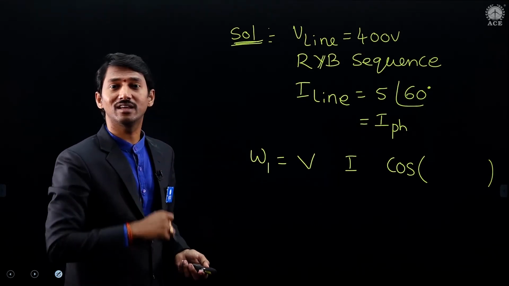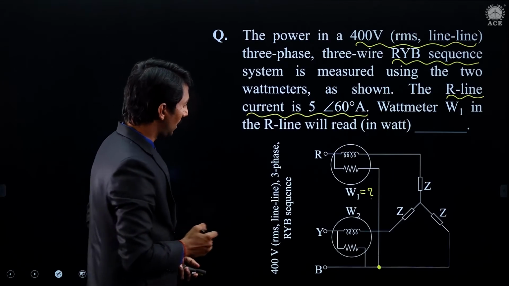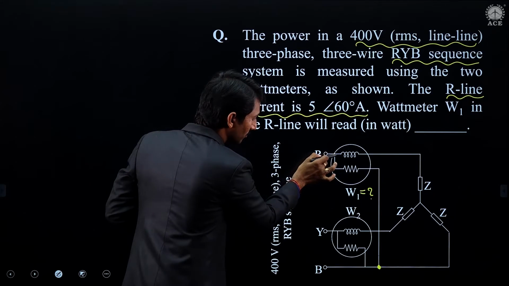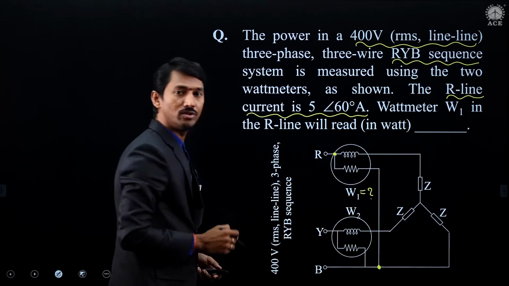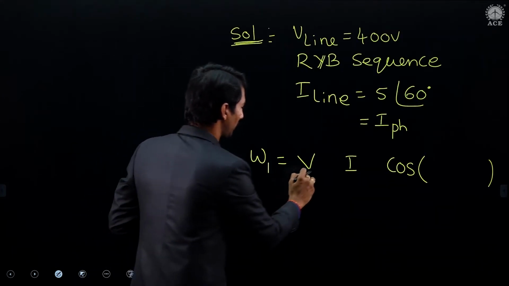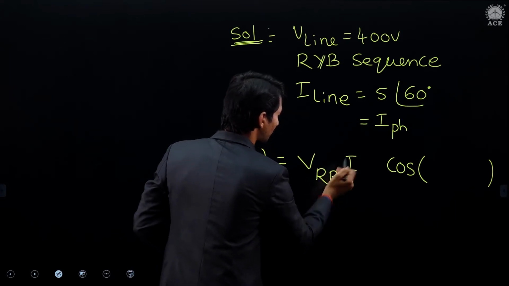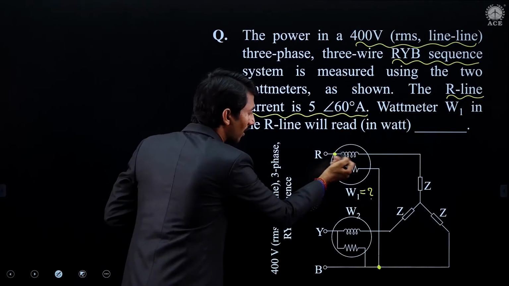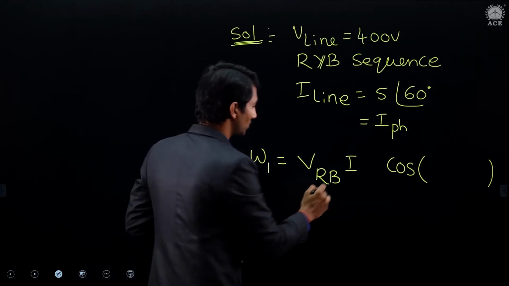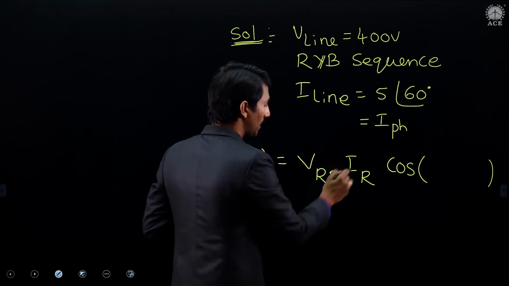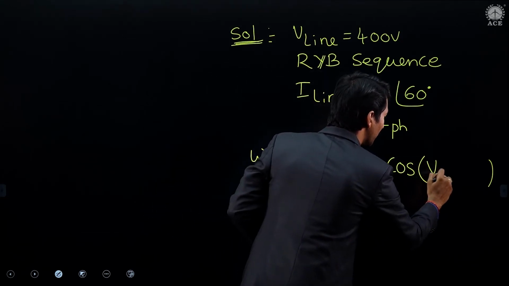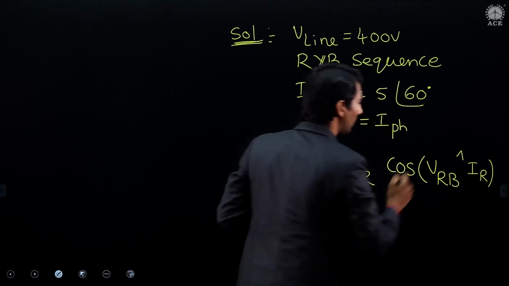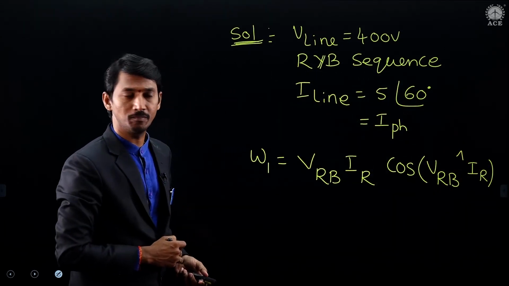Here the potential coil of wattmeter 1 is connected between R and B, so therefore VRB. Sir, the current coil is connected in which line? R line. So therefore, IR cos of the angle between VRB and IR.